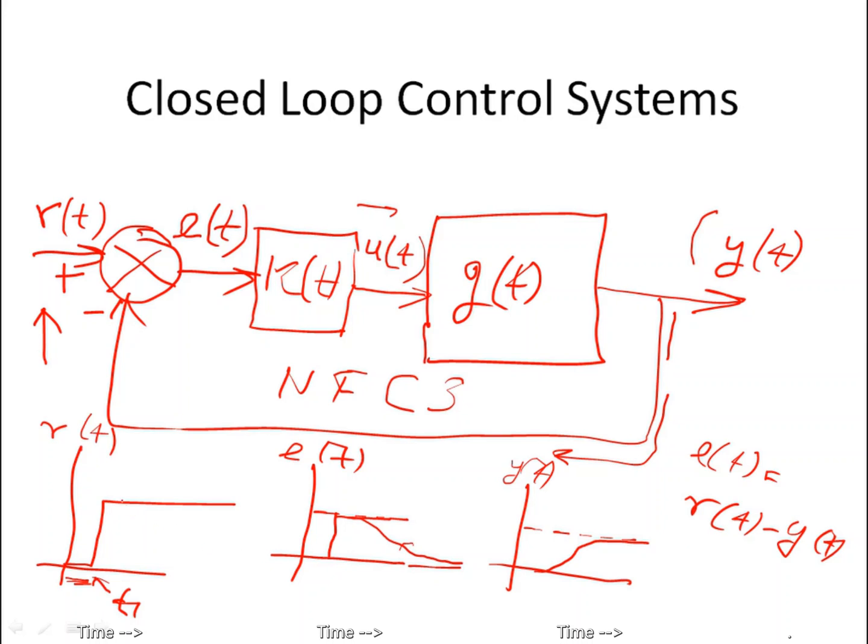You see the reference input is constant, but as the output builds up, the error signal gradually reduces. This is the beauty of the negative feedback control system. Whenever the output develops, the error signal reduces, but still there is a reference input.